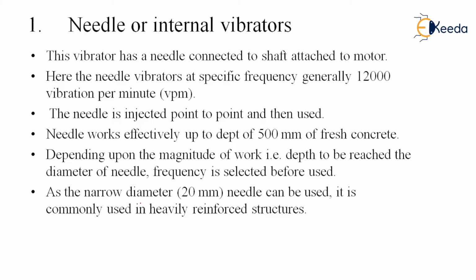A narrow diameter needle of about 20 mm is commonly used in heavily reinforced structures. If the structure is heavily reinforced, then a thin vibrator of about 20 mm diameter can be used. The special thing is that it should not disturb the reinforcement and the formwork. So we can use a narrow diameter needle for the purpose.